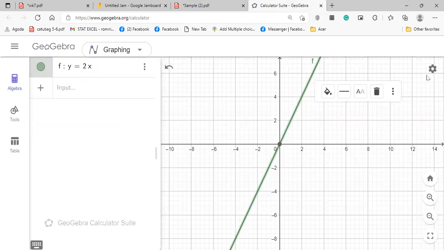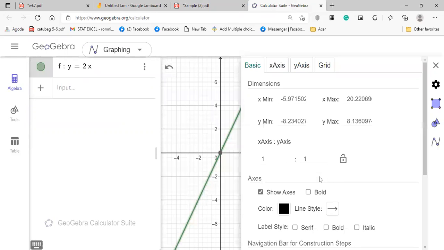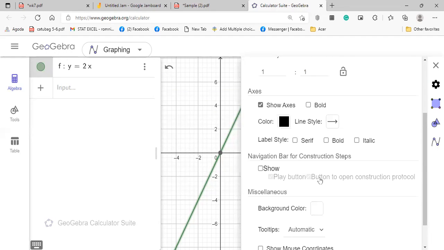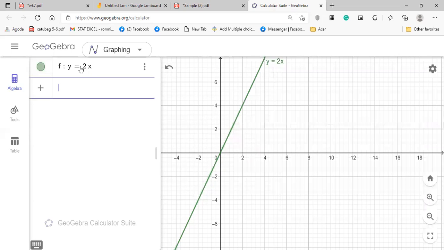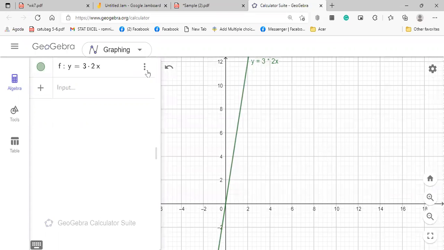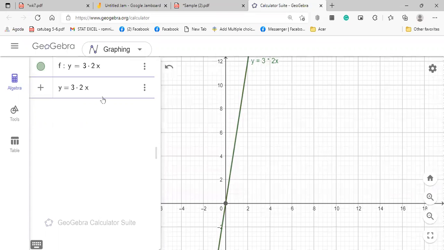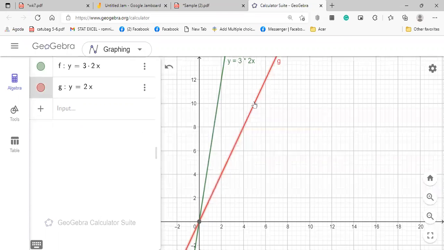Nakikita natin graphically speaking, x keeps on increasing as y also keeps on increasing, or vice versa. Pero paano kung naglagay ka ngayon, nag-multiply ka ng positive number, let's say 3 times? Yan yung sinasabi ng product of a constant and a function. 3 times 2x. Nagbago ba? Hindi siya nagbago. Let's say mag-duplicate ako. Ibalik ko yung 2x. I-compare natin sila.